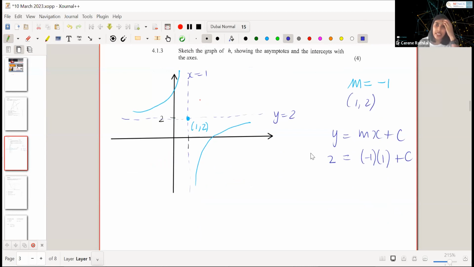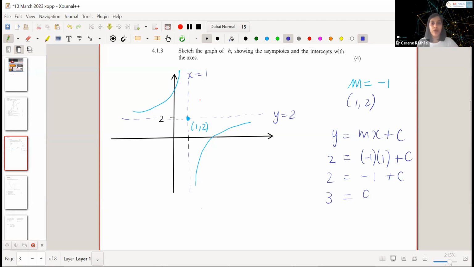So I get 2 equals -1 plus c. And therefore, we observe that c equals 3. So I would essentially add 1 to both sides. It gives me a value of 3.